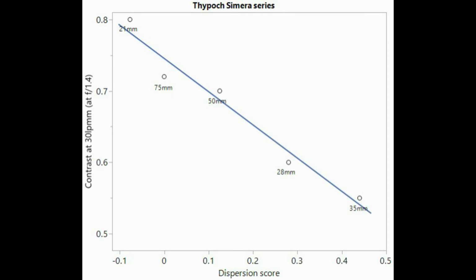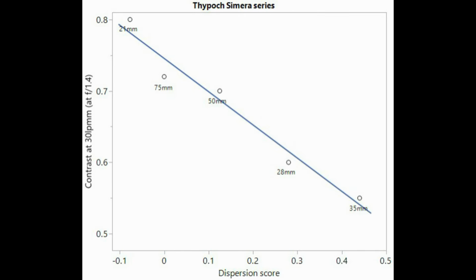Then the next wide lenses, the 28 millimeter and the 35 millimeter, are built differently. They have a much higher dispersion score, and they are quite poppy, which manifests itself in a low contrast level at high frequencies, between 55 and 60% for most of the projected image circle.